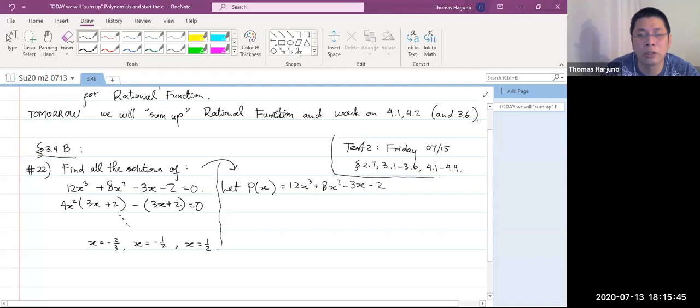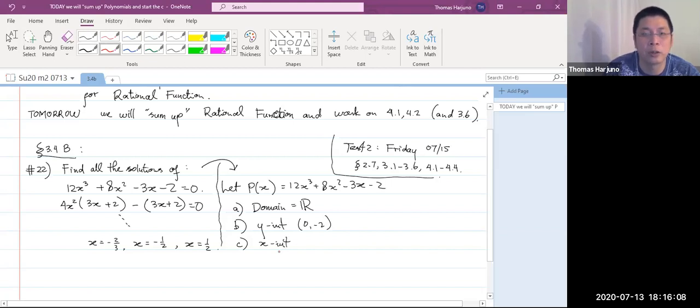The first question, the domain, is easy: all real numbers. How about the y-intercept? That's (0, -2). And for the x-intercepts, you basically do what we did here. Therefore, we get (-2/3, 0), (-1/2, 0), and (1/2, 0).